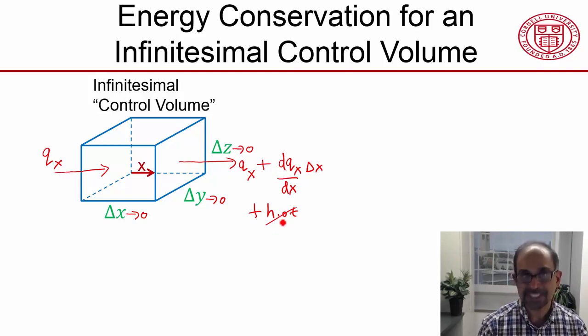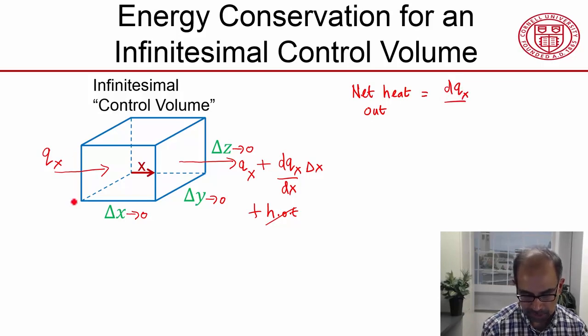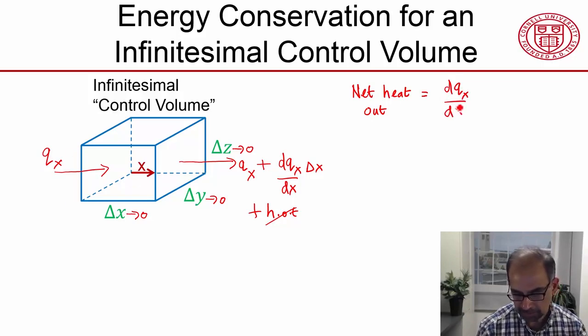I can write the net heat flow out, and this is going to cancel that, so it's just the change from this face to that face. That's given by this term here.